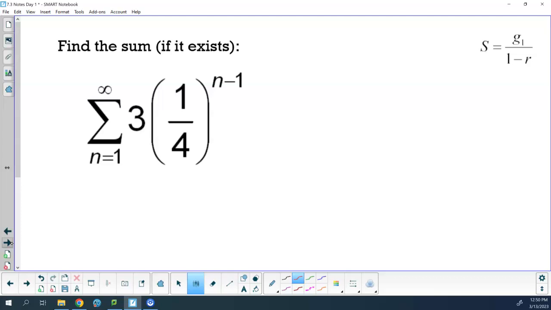First off, I know that this is an infinite geometric sum because it's going to infinity, and because I've got a term with my variable in the exponent.